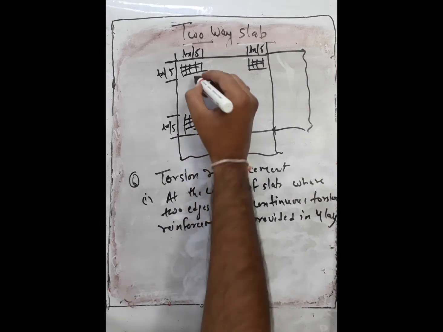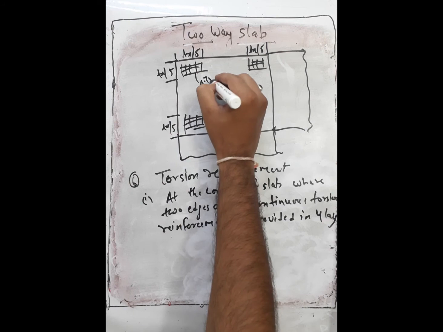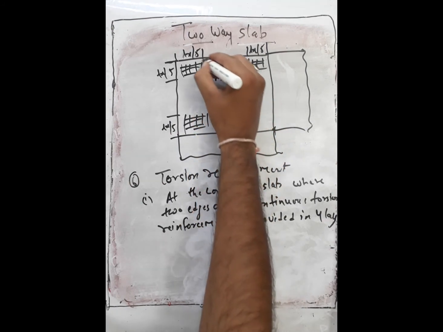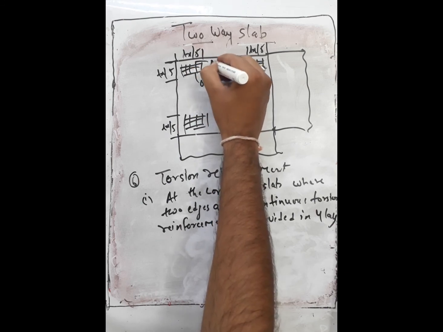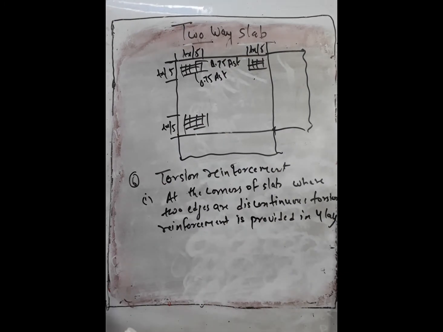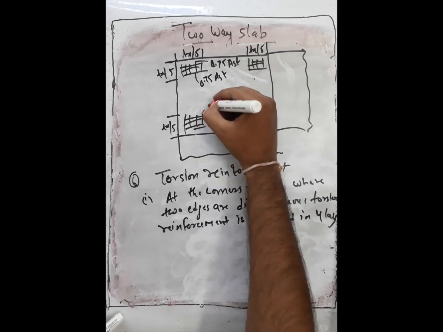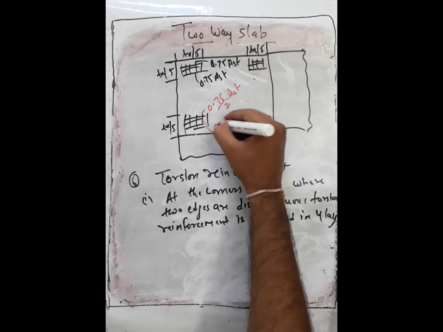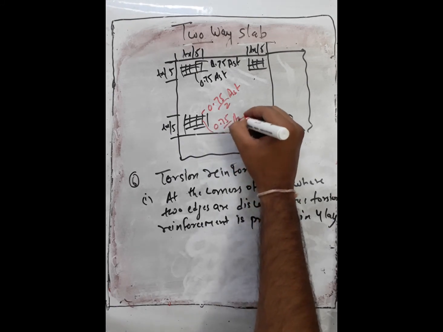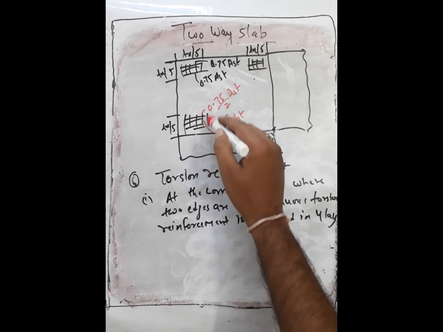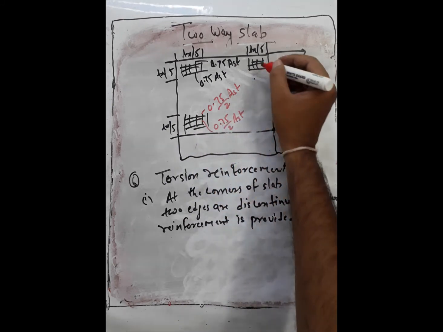And these two bars, this bar is 0.75 Ast, and this bar also 0.75 Ast. Here we have taken this bar 0.75 by 2 Ast, and this bar also 0.75 by 2 Ast, because this part also belongs to the other part, that's why we have to take half of the 0.75.